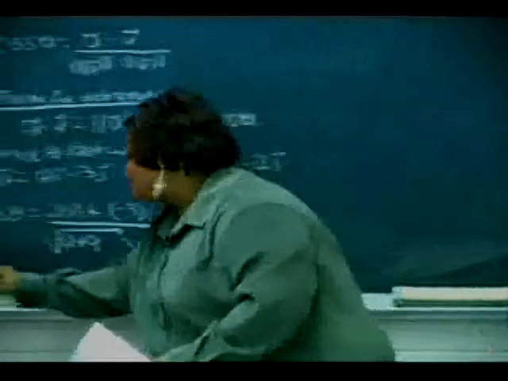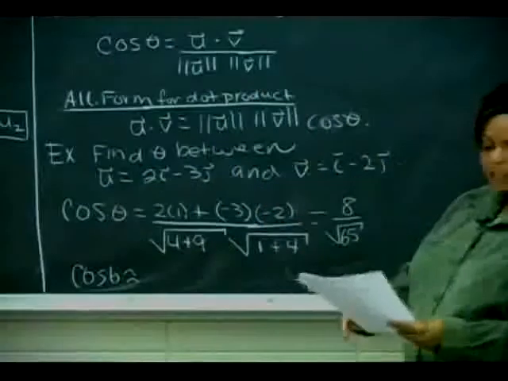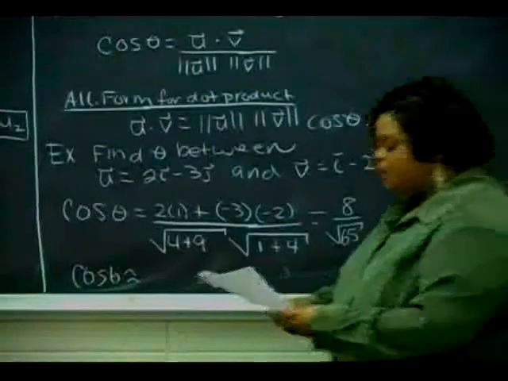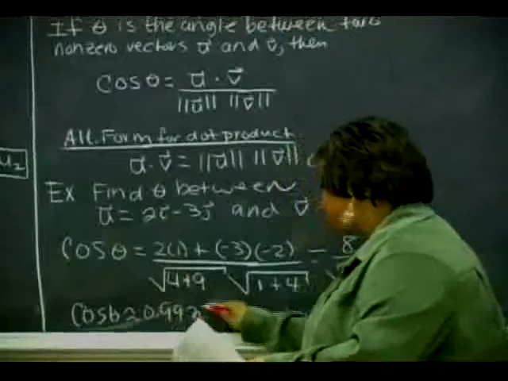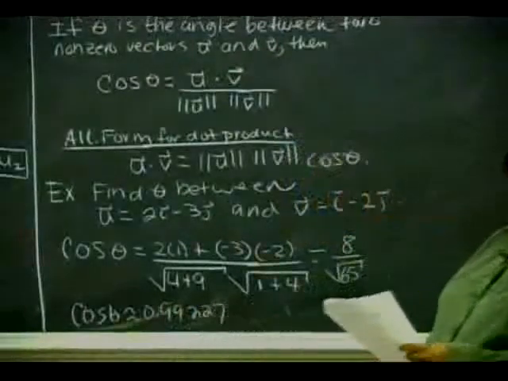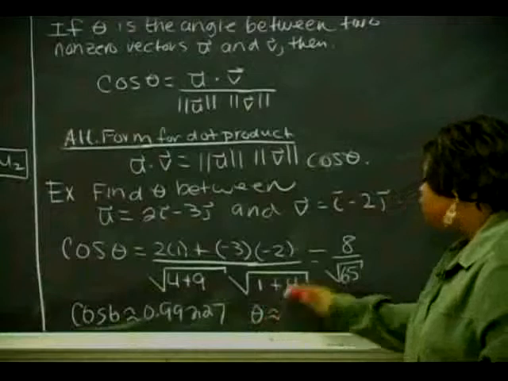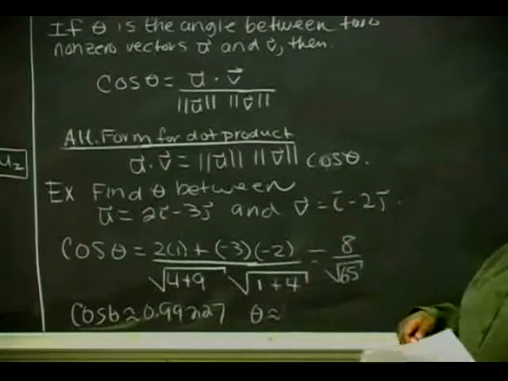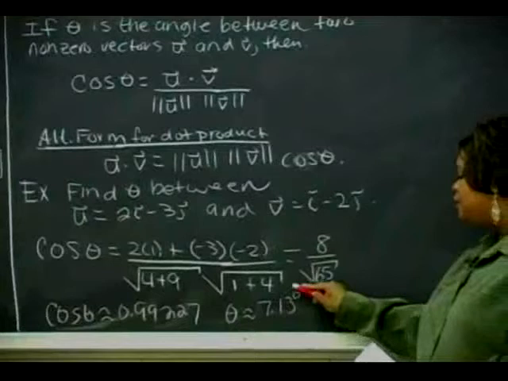So we have to get a decimal approximation for this 8 over the square root of 65, which is about 0.99227. And then I need to find theta by doing what? Inverse cosine. So theta will be about 7.13 degrees.